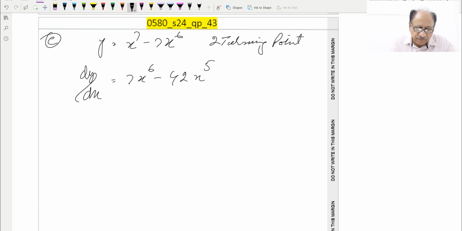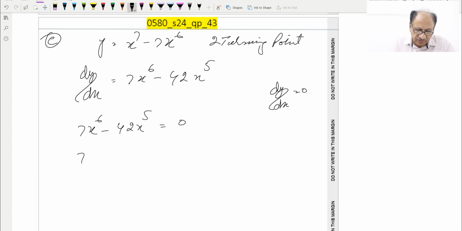For the turning points we know we put dy by dx equal to 0. So 7x raised to 6 minus 42x raised to 5 is equal to 0, and then we need to solve this.